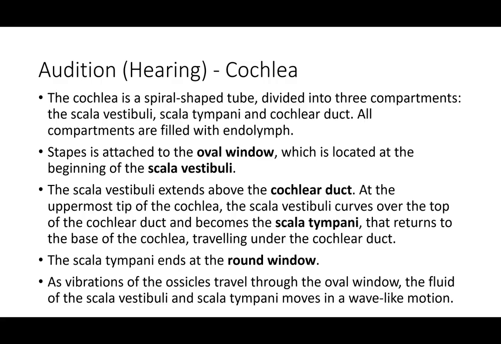The scala tympani ends at something called the round window. As the mechanical vibrations from the ossicles travel through this structure, they pass through the oval window first, and then move through that fluid, the endolymph in the scala vestibuli and tympani, in a wave-like motion.